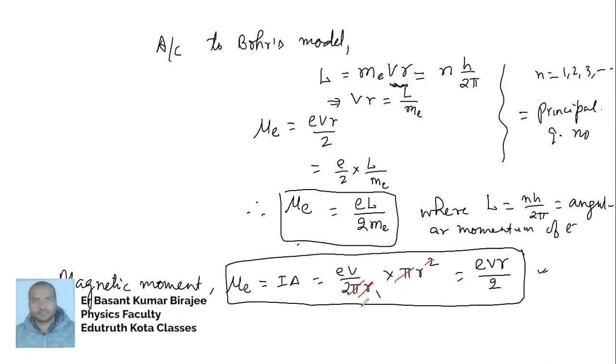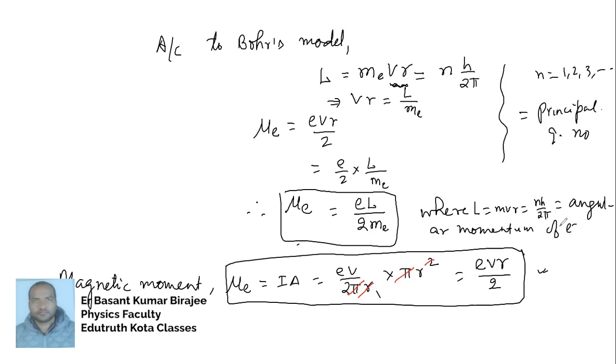Or better, write it like this: L equal to mvr equal to nh by 2 pi. I have already written it here. So sometimes, if the speed is given, then you can express L as mvr, and just put the values in mvr and find the value.